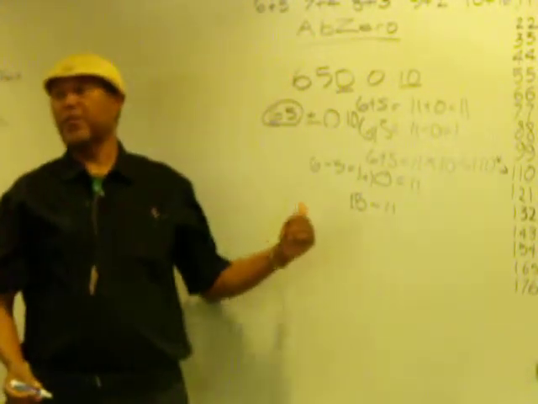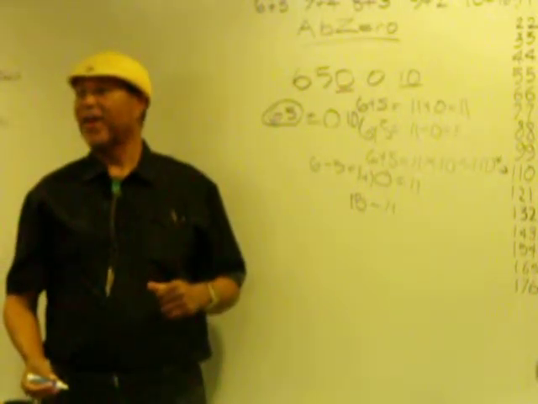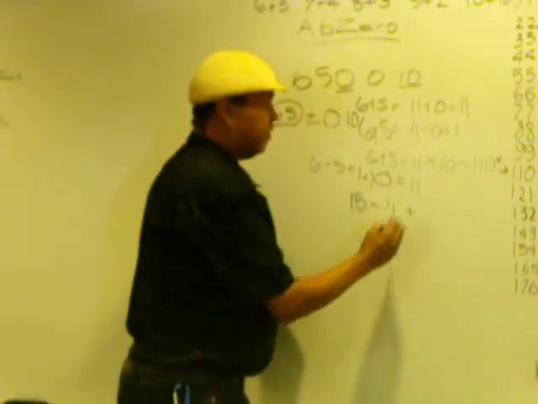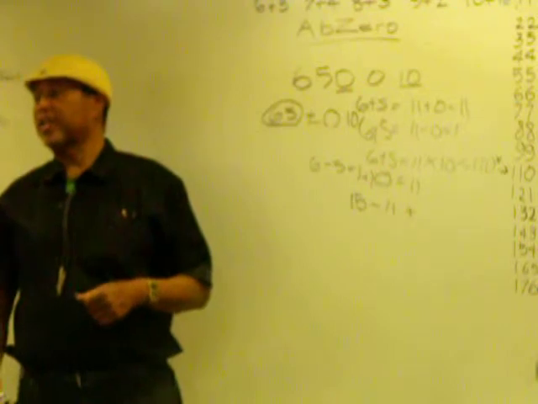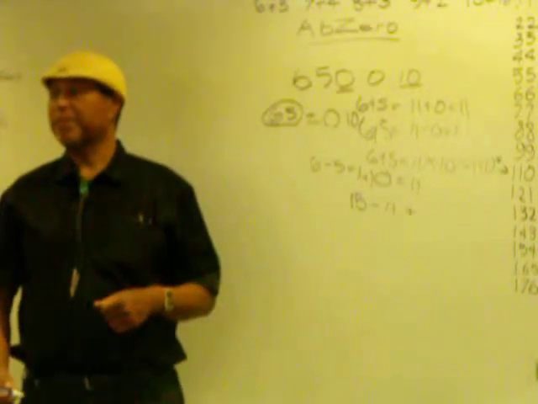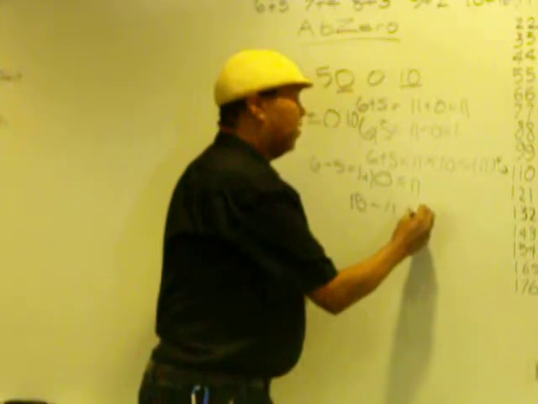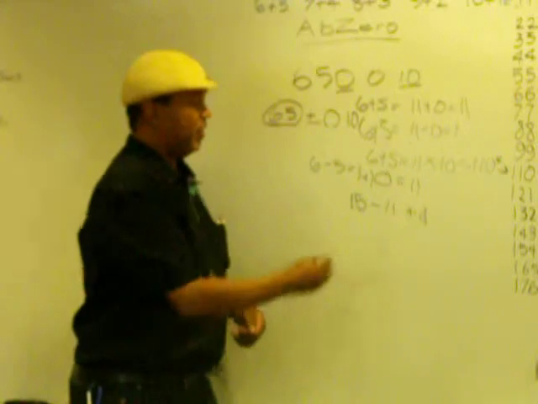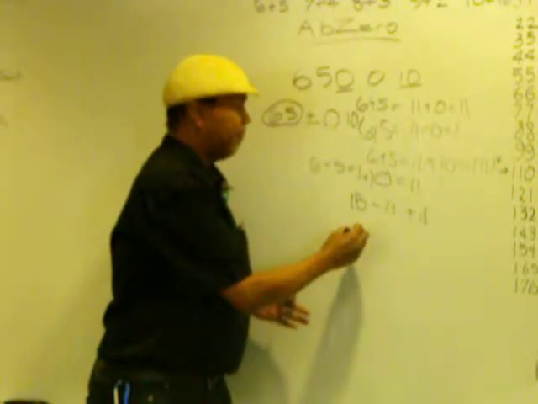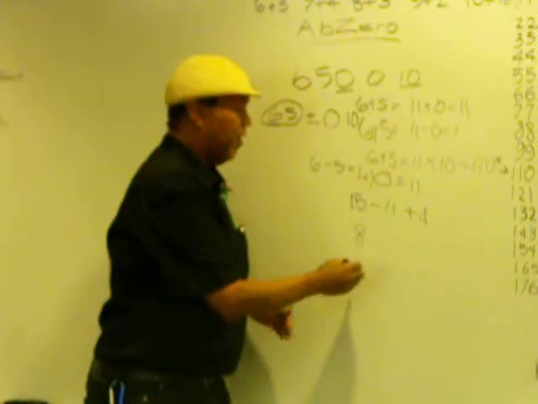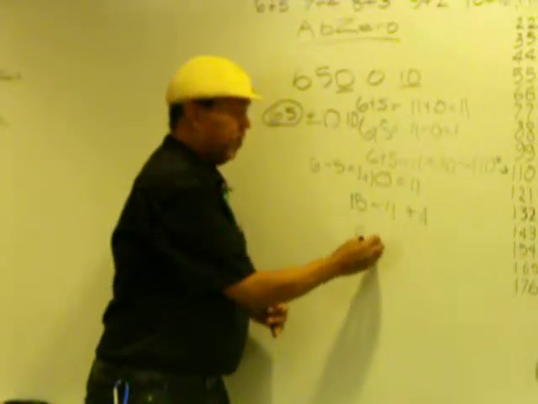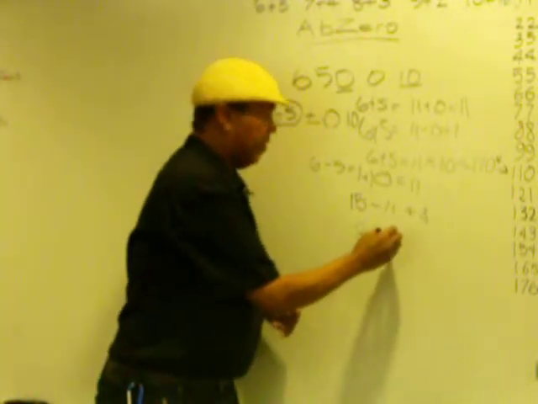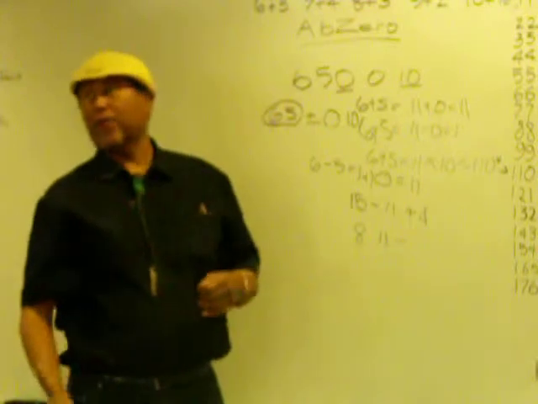Is 15 above or below 11? Above, okay, so it'll be a plus. How many numbers is 15 above 11? 4. Good. So we have plus 4. 4 and 11 is 15. If we had a solution of 8, is that above or below 11? Below. Good. So it would be minus. How far below 11?